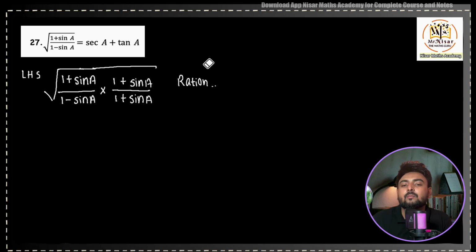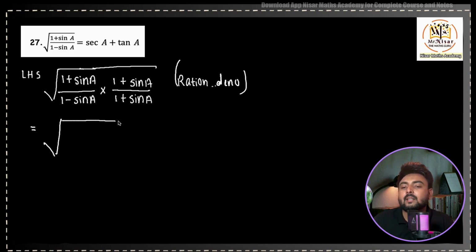Yeah, here we have to rationalize the denominator. Then same, 1 plus sin a into 1 plus sin a is going to become 1 plus sin a whole square, and a plus b into a minus b, it is the same pair with the opposite sign. It's a square minus b square. So what will be the next step?